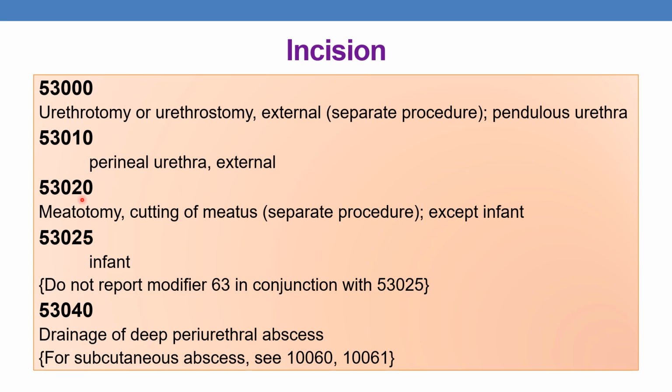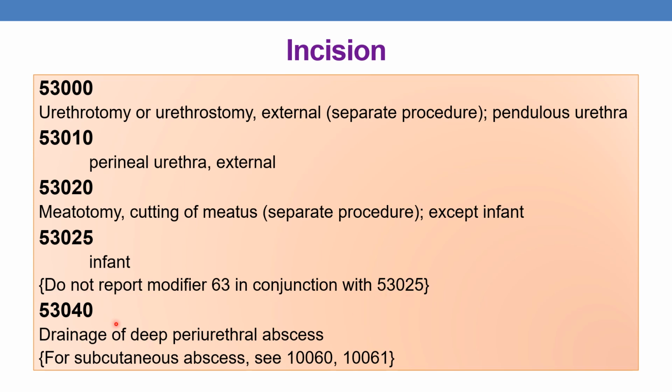The next is 53020, meatotomy, cutting of meatus, except infant. When the meatotomy is performed on infants, the CPT is 53025. And do not report modifier 63 in conjunction with 53025.